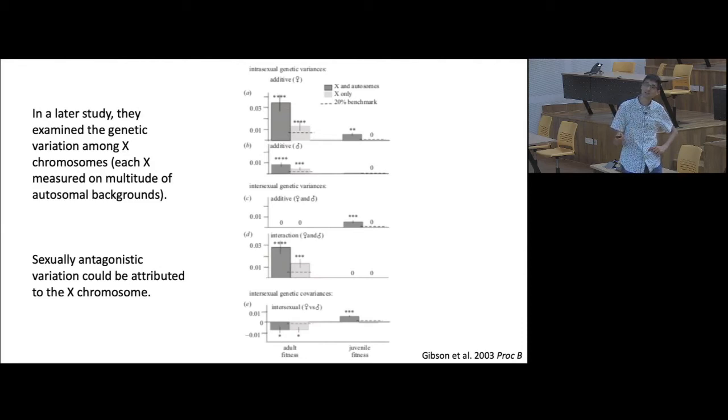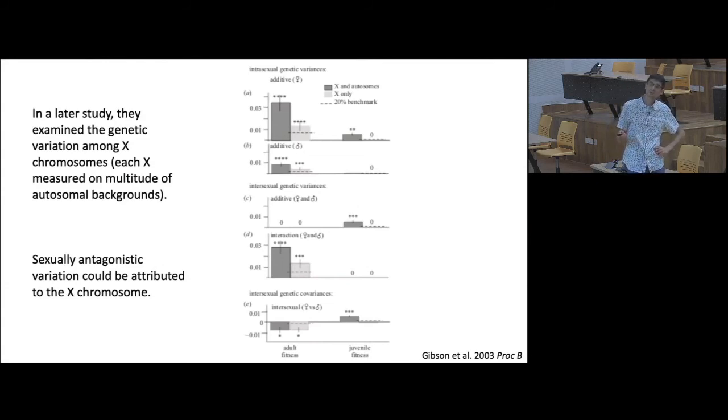Skip this, but maybe the key part is how much of the intersexual genetic covariance, and so how fitness in one sex is related to a gene's effects on the other sex.